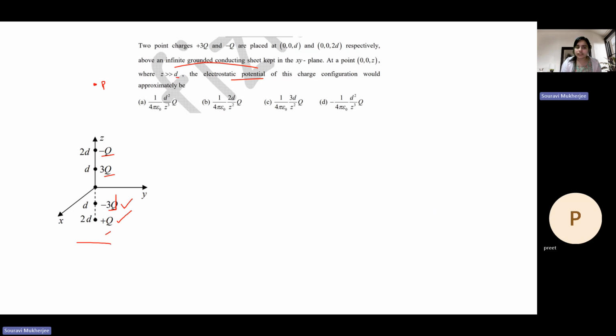So we will then look at the dipole term, that is the next order term. For dipoles, we have to find the dipole moment for, suppose, this 3q pair, and for this plus q, minus q pair. One can also consider dipole moments for these combinations. The monopole moment will go to 0 because the net charge is 0, but the dipole moment will be there. So how do we find the net dipole moment?